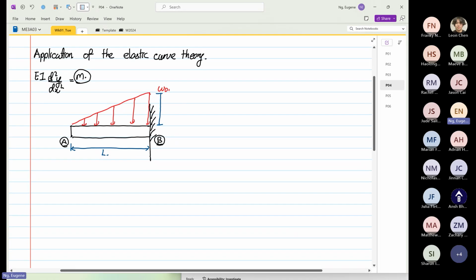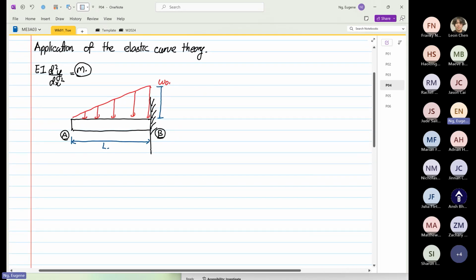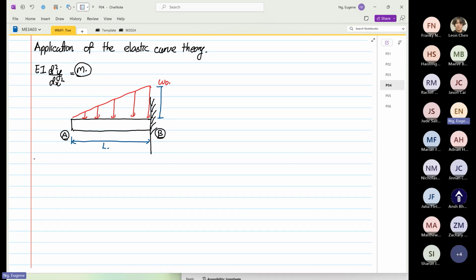To solve a problem like this, the first thing you have to do is to know your boundary conditions. So we are going to write out our boundary conditions.